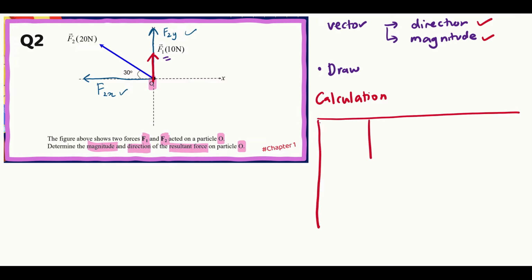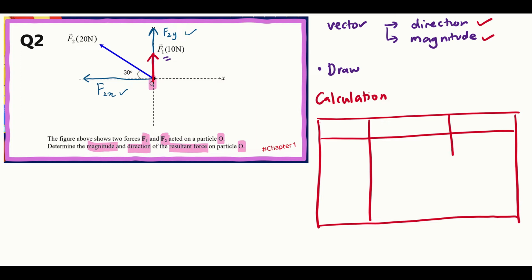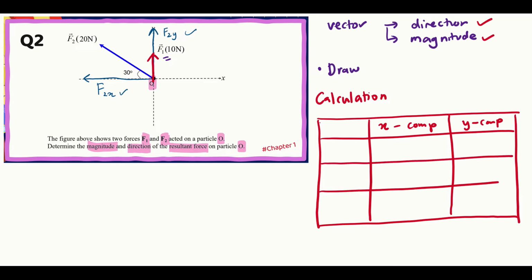So the table here consists of x component and y component, and you are supposed to have 3 rows: F1, F2, and the bottom one for the summation of F. Okay, so here we calculate F1x.